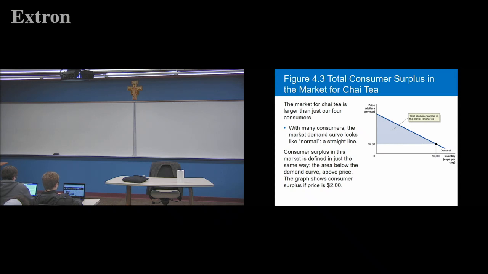This first person is willing to pay $8 for tea, and they're only being charged $2. What's their consumer surplus? $6. As you go along the demand curve, people value the tea less and less, so the consumer surplus is shrinking, all the way down to this point where the consumer surplus is 0, and they're indifferent between buying the tea and keeping the money.